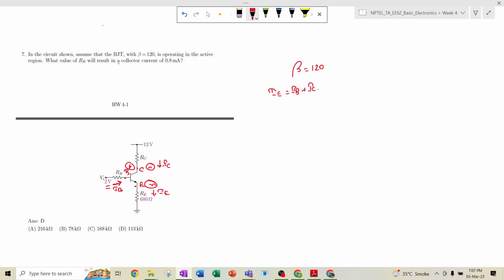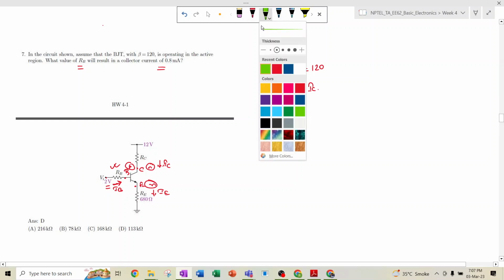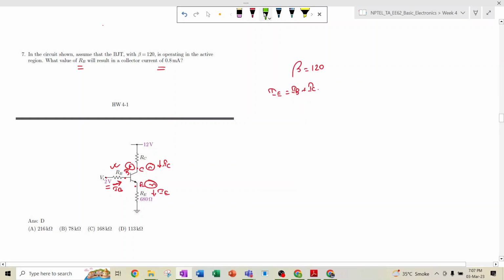Now it is operating in the active region, and we have to find out the value of RB. This is referred to as the input KVL, because input means between base and emitter.